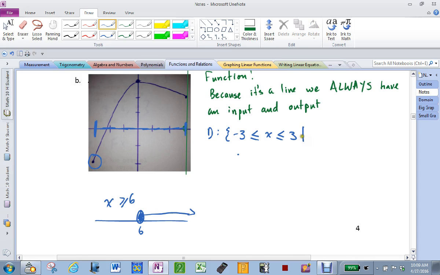We draw a line. The domain is a set of real numbers, because everything is allowed between there and there. Is everyone cool with that? So now that you've seen it, I want you to try and do the range by yourself, written this way. You can talk to your neighbor. I don't care if you talk a little bit about it. I'm going to shut up and let you think about it for a minute. Draw the range this way.